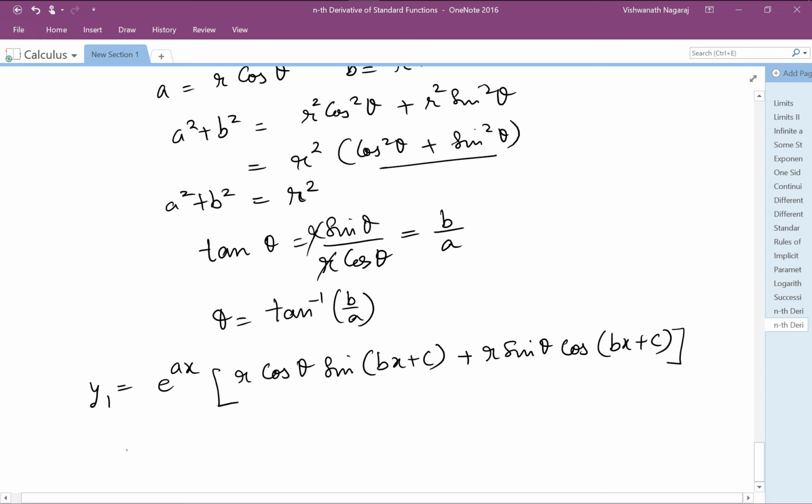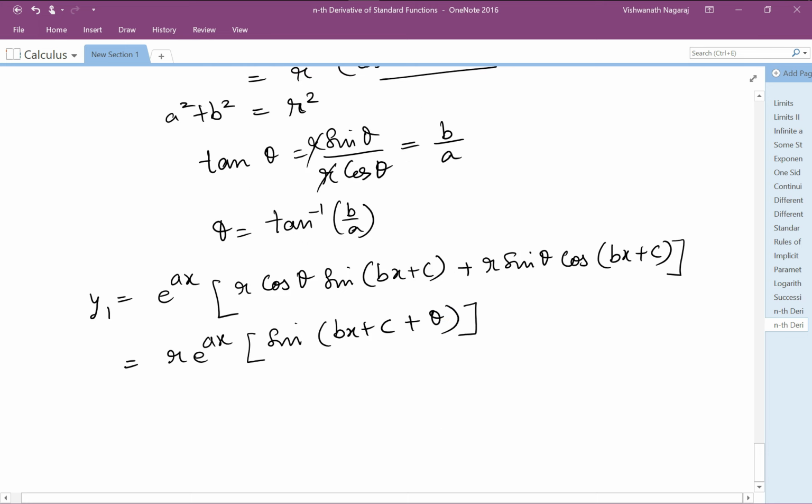What will happen? Identity wise, this is an identity now, because r we can take out, e^ax r is common. We are left with cos theta sin(bx + c) plus sin theta cos(bx + c), which is sin a cos b plus cos a sin b. So which is nothing but sin(bx + c + theta).